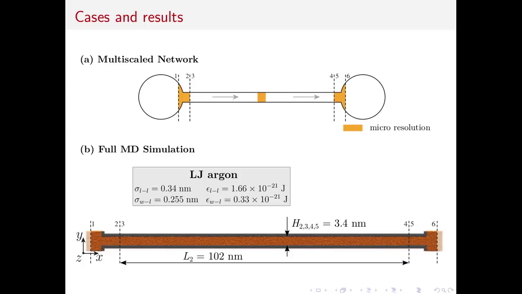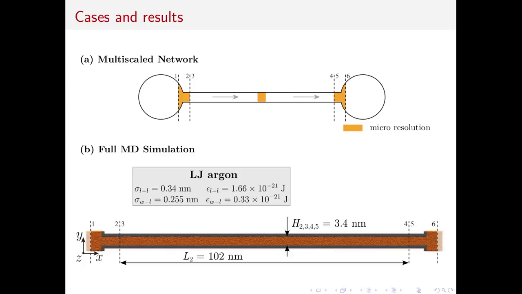Our method is compatible with more complex models, but for the sake of verifying our hybrid method, we decided we might as well use a simple model. The channel height is 3.4 nanometers, the length of the channel component is 102 nanometers, and this is an aspect ratio of 30. And it's actually quite a short channel for a nanochannel, but we chose this size specifically to ensure that the full molecular simulation remains computationally tractable.